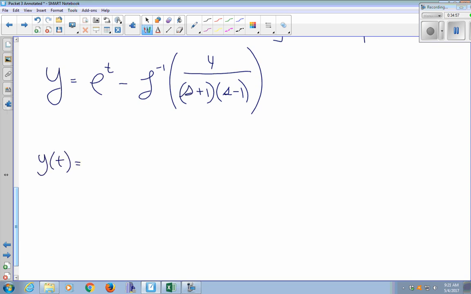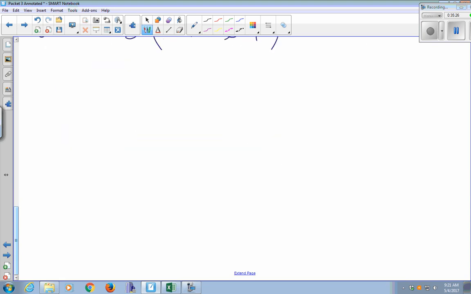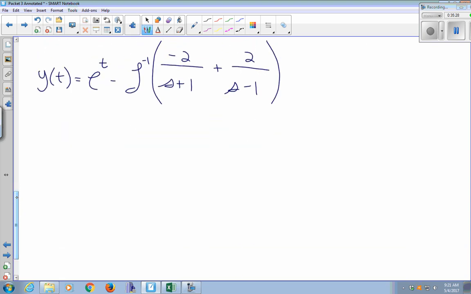y of t equals e to the t minus the inverse Laplace transform of, I'm just replacing 4 over (s plus 1)(s minus 1) with two separate fractions that we just calculated. So I have negative 2 over s plus 1 plus 2 over s minus 1. Now use my nice properties of Laplace and inverse Laplace that say that I can do the inverse Laplace of each of those, and I can pull the constants out front.